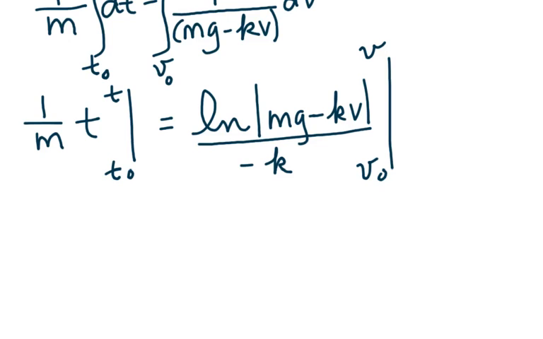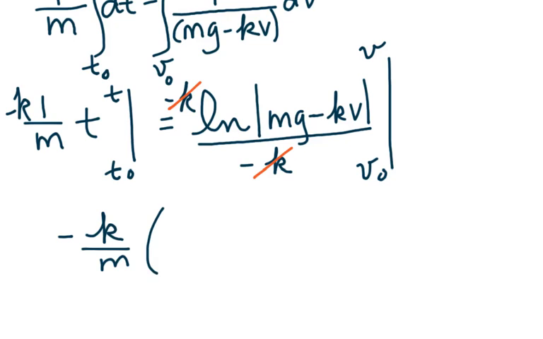At this point, I am going to multiply negative k on both sides, so that it cancels right there. And then I'm left with negative k over m. And if I evaluate, I'll have t minus t sub naught.